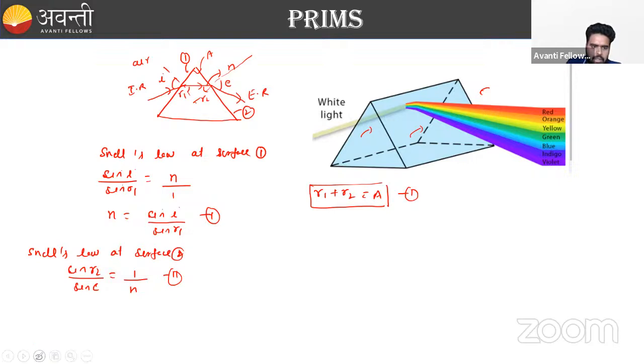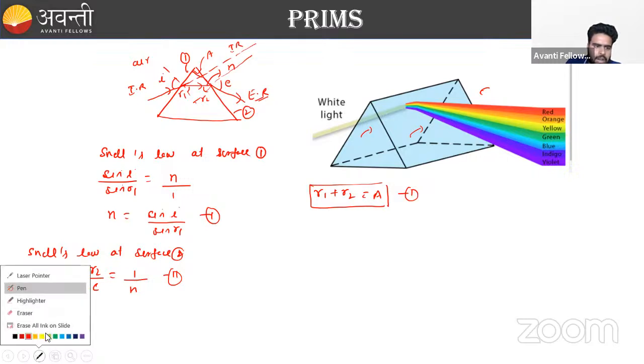And one more thing, if we want to draw the deviation of the incident ray, we can say that if the incident ray goes along its original path, this is the original path of the incident ray, and this is the emergent ray. The angle made by the incident ray and the emergent ray is shown in a different color.